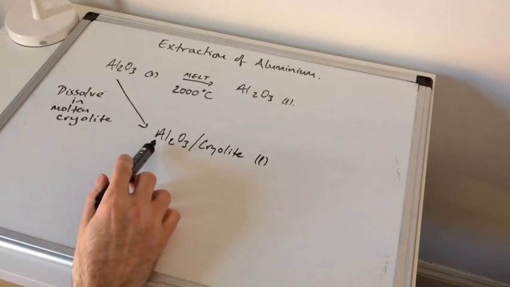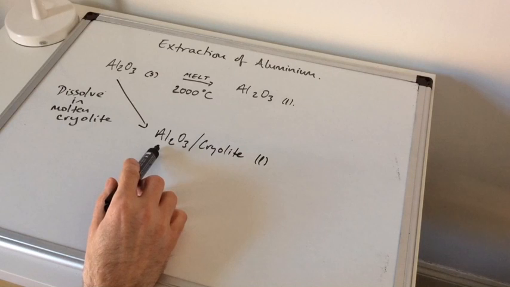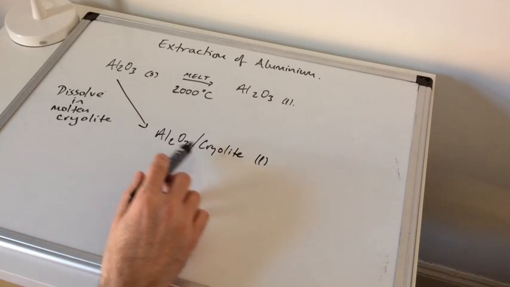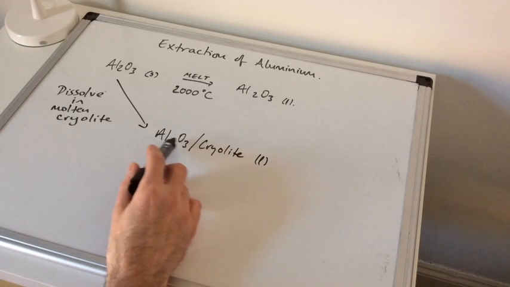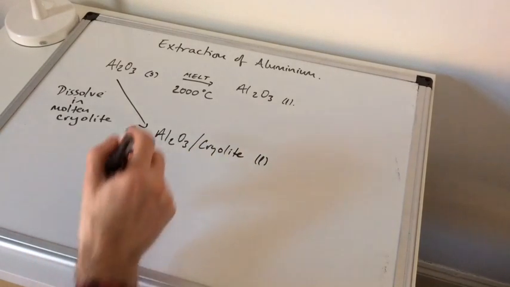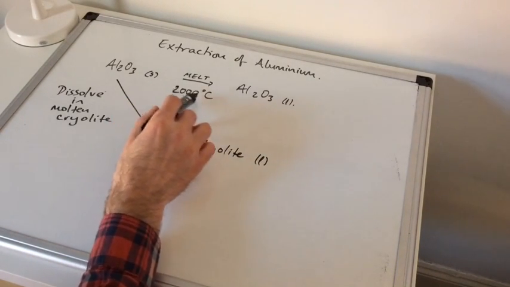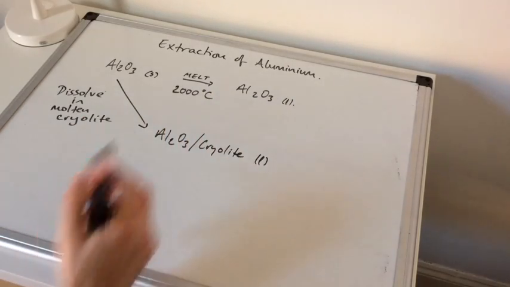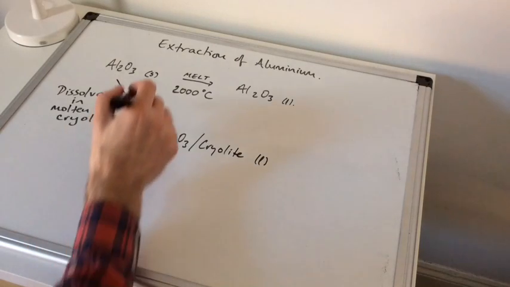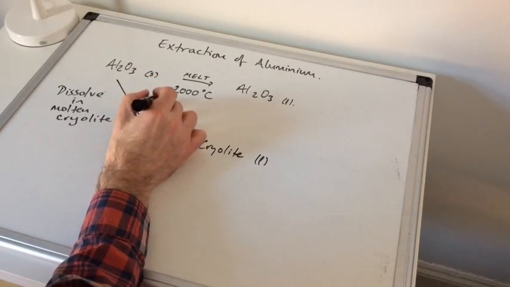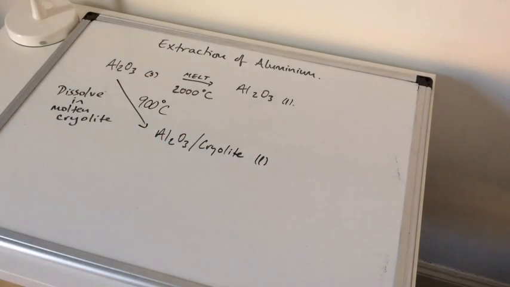So what they would end up with is a mixture of molten cryolite and molten aluminium oxide, mixed together. Now we said before that it takes about 2000 degrees Celsius to melt the aluminium oxide. When you dissolve it in the molten cryolite, we're talking about 900 degrees C. So straight away you can see a big advantage there.